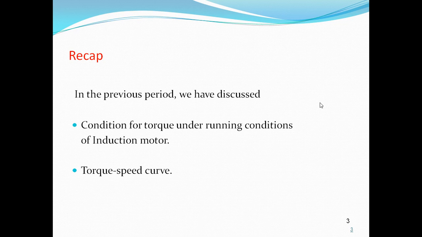And we have derived the relations also, that is between starting torque and maximum torque. The relation is Tst by Tmax is equal to 2a by 1 plus a square, and similarly T full load by T maximum is equal to 2as by a square plus s square.